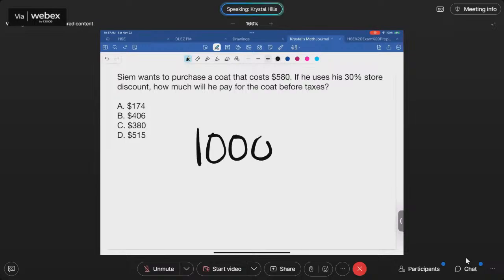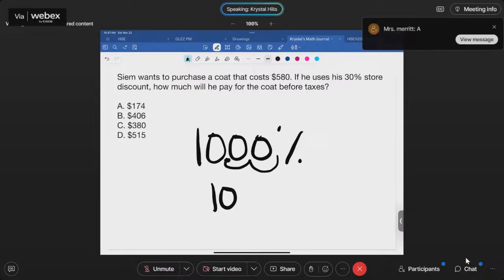So if we were at 1,000% and they want it as a decimal, you're going to move it 2 times to the left. 1, 2. So 1,000% as a decimal is 10. Yes, always 2 times. You're welcome.